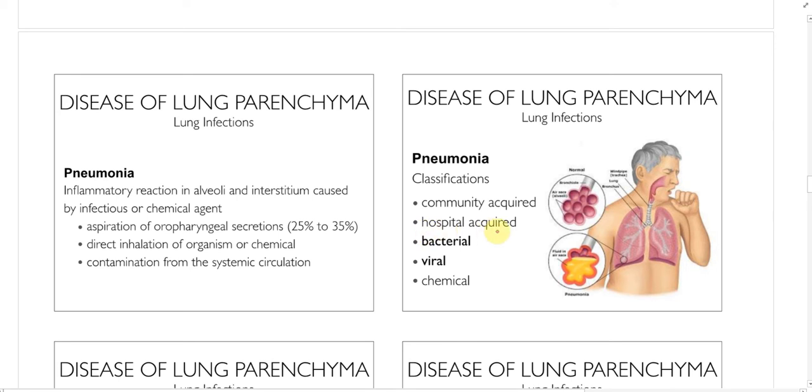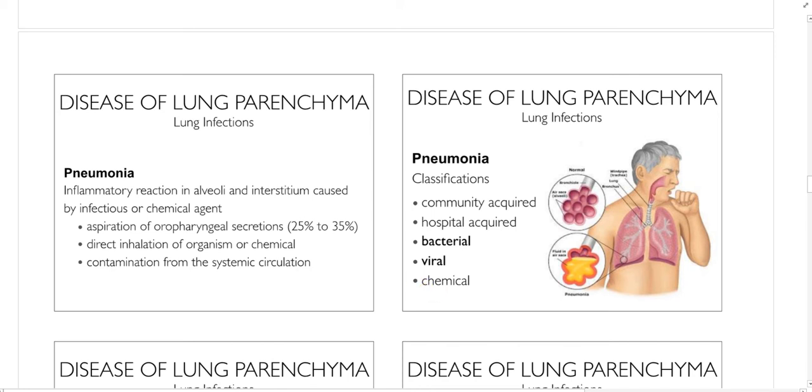They can have hospital acquired, which I believe would not be covered by insurance or Medicare, because the hospital is responsible for it. Bacterial is more common, and bacterial is going to be the one that produces more of an expectorant or productive sputum, whereas viral is not as likely to produce sputum of any kind.